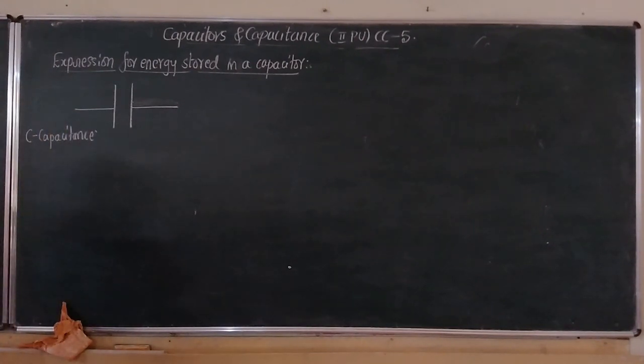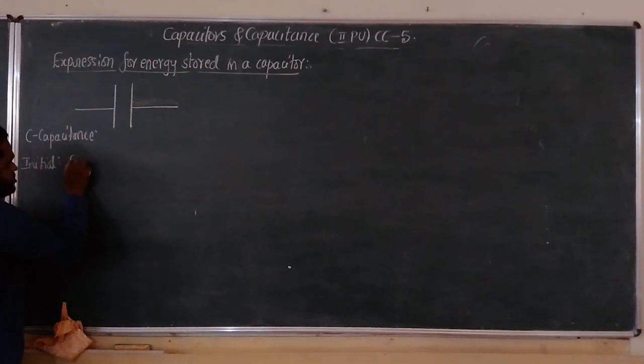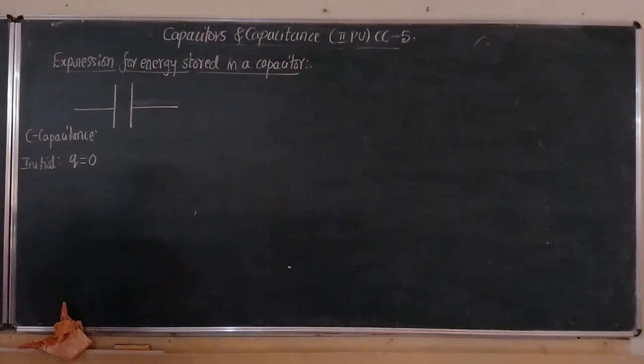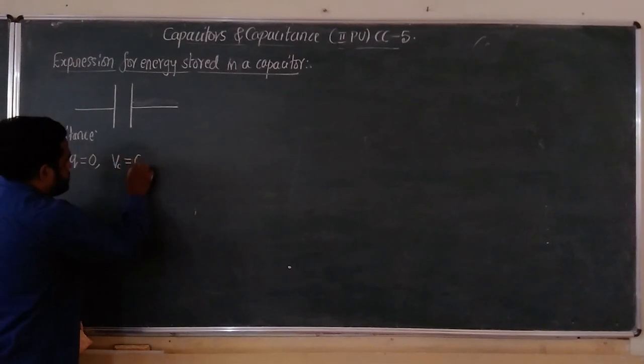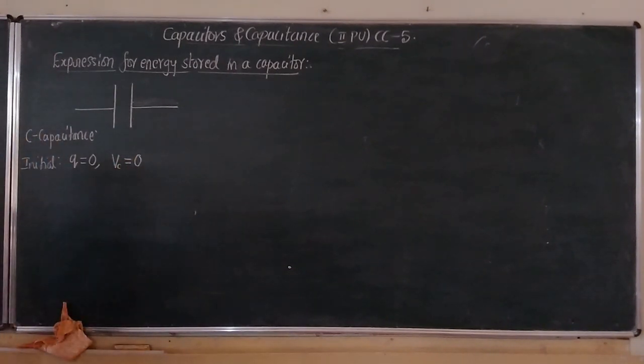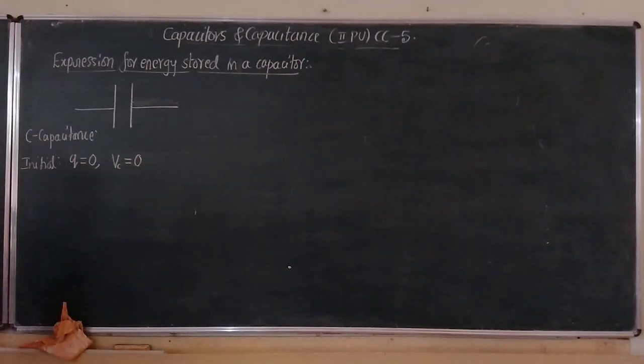Now, at the initial point, the capacitor is in uncharged condition, therefore Q is equal to 0. When Q is equal to 0, the potential difference across the plates of the capacitor will be 0. So this is our starting stage, Q is equal to 0, Vc is equal to 0.